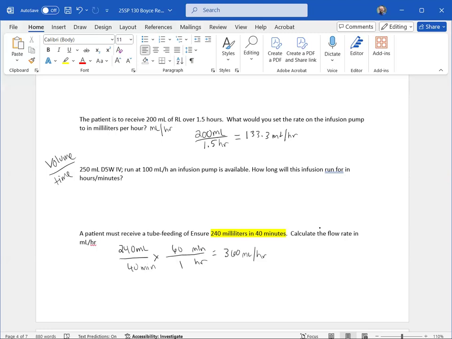Okay. The other thing you might see is it might ask you to calculate how much time an infusion is going to run for. And so again, you want to be able to manipulate the variables so you can get to an answer. In the question here, the answer they're looking for is down to the hours and maybe even down to the minutes.